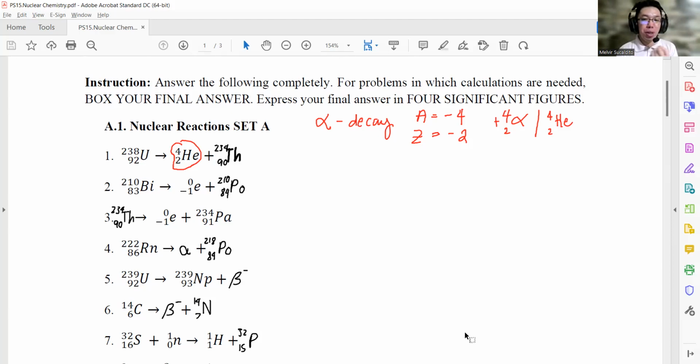Ito yung sinasabi ko sa'yo na marami pang pwedeng aralin sa nuclear chemistry. But since the nucleus is unstable, you can undergo several modes of decay. Possible explanation mo, yung sinabi mo na merong irregularities with your nucleus. Okay? Ayan, so alpha decay, balik tayo dito.